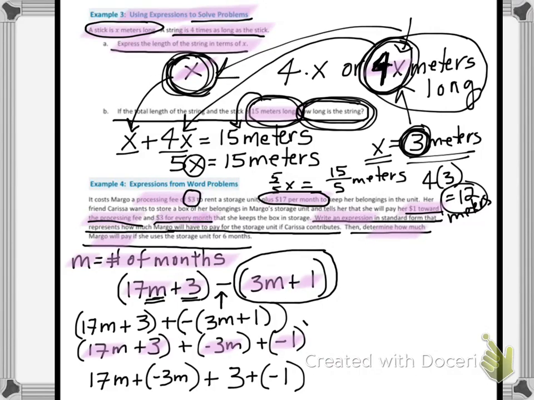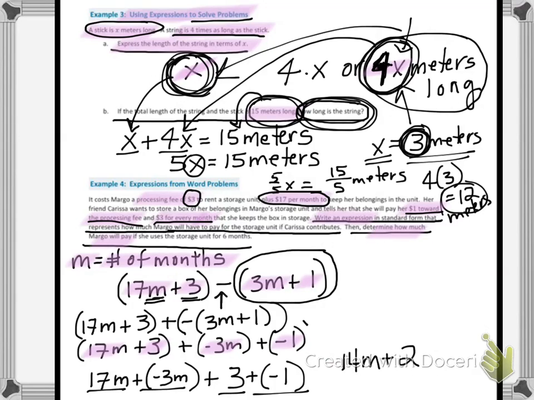So you see where all of those came from, and I'm just going to combine like terms here. If I combine my 17M with my negative 3M, I end up with 14M. And then if I combine my positive 3 with my negative 1, I end up with 2.